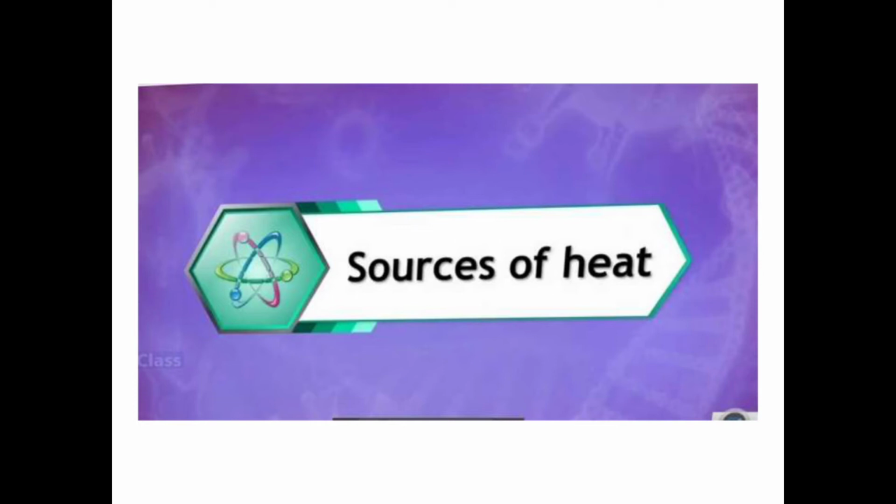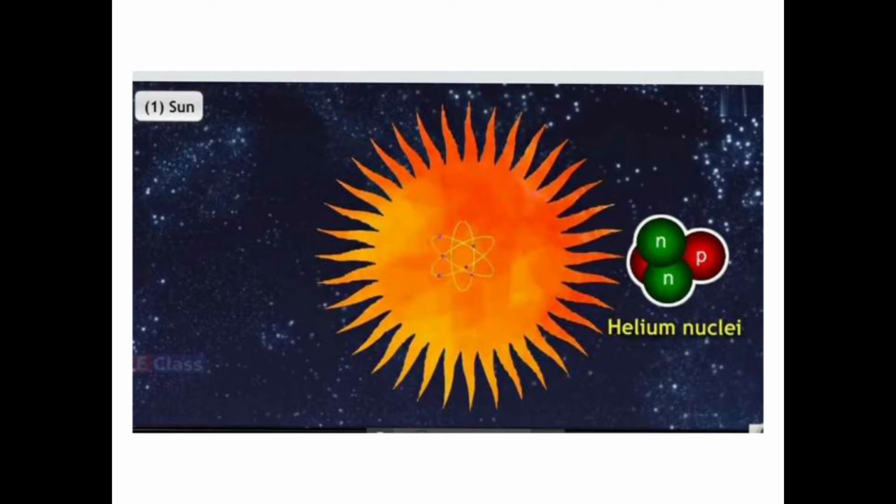Tremendous heat is generated due to the nuclear fusion which takes place at the center of the sun. So what is done in that? The hydrogen nuclei fuse together to form helium nuclei. Children, ये hydrogen है, hydrogen plus hydrogen gives you helium. This process goes.